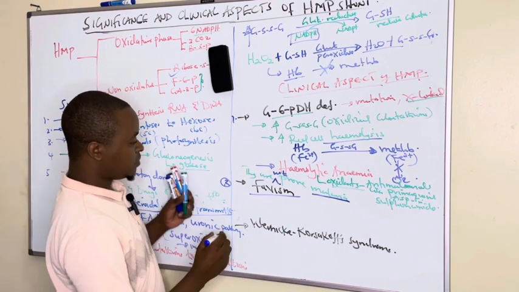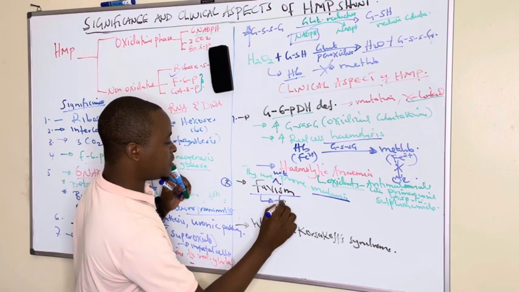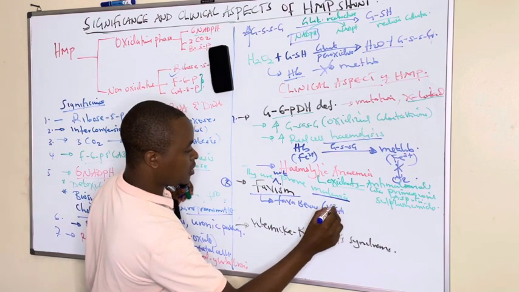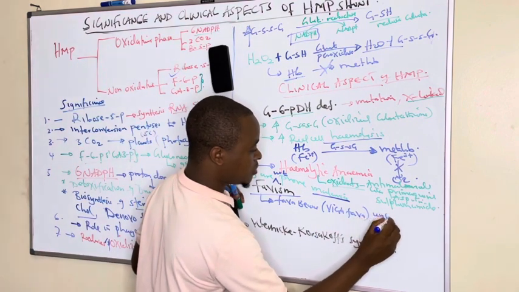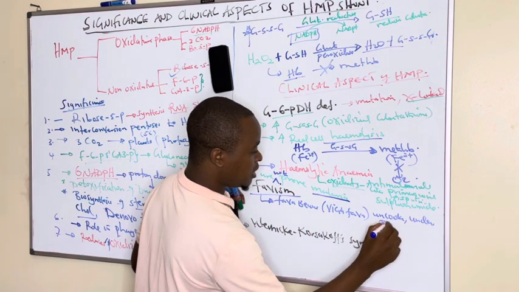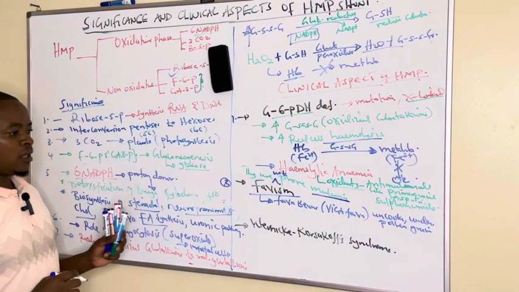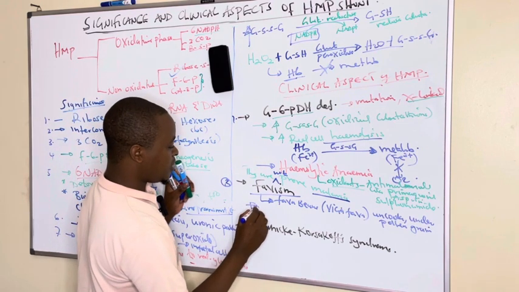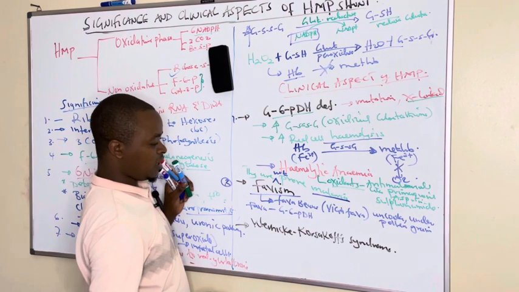And in favism, there are people who, whenever they take fava beans, which you can call Vicia faba, uncooked or undercooked, or they inhale the pollen grains of this fava bean, the fava bean taken inhibits G6PD enzyme.